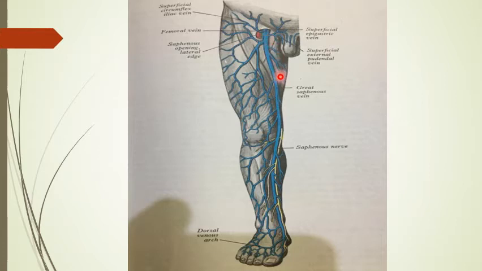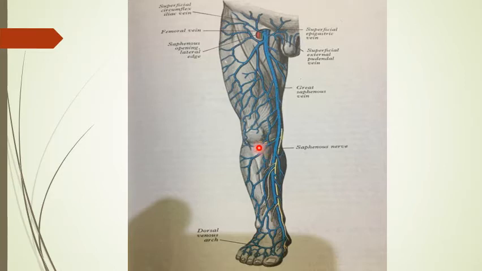This vein has valves in it to prevent the downward movement of the blood. So this vein is also used for bypass surgery in the heart. A piece of vein is taken and then put into the heart as a bypass, because this is a smooth vein and a piece between the valves is used for grafting.